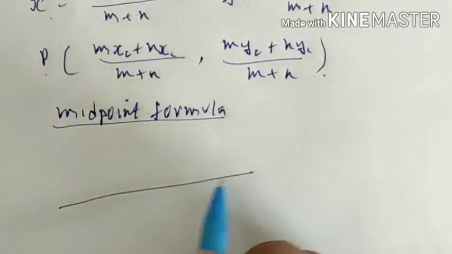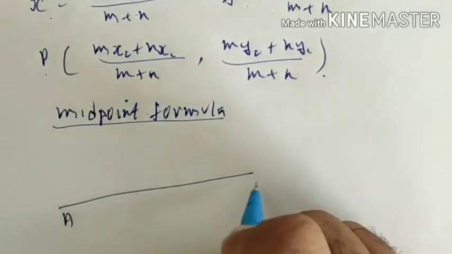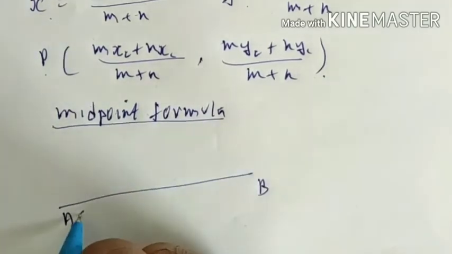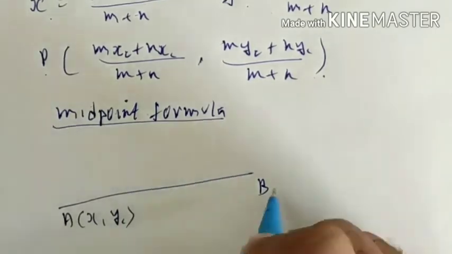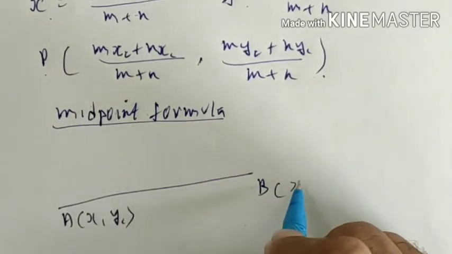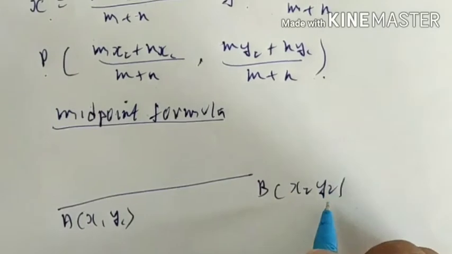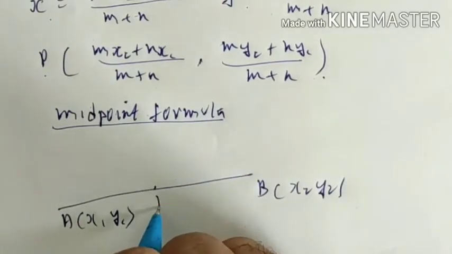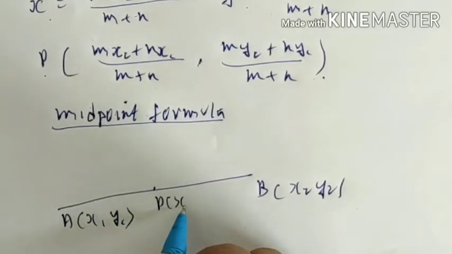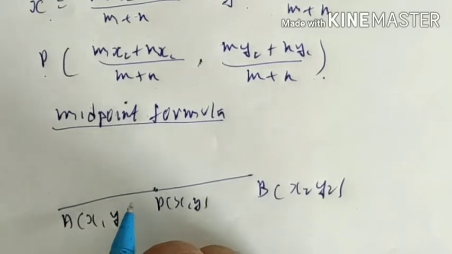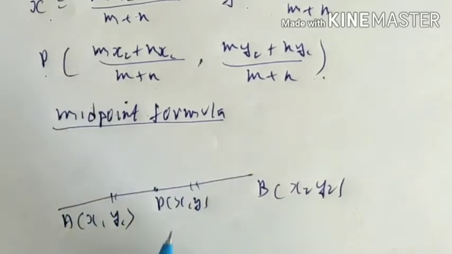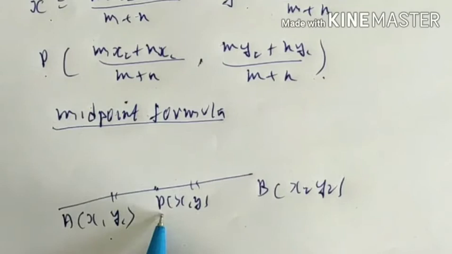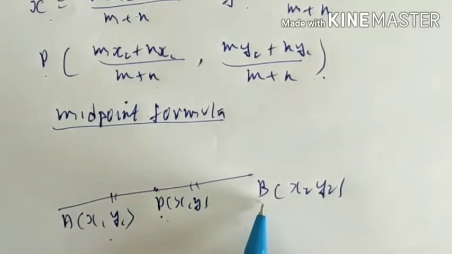Midpoint formula. So suppose we are having segment AB, coordinates of A given as x1 y1, and coordinates of point B x2 y2. We want to find the coordinates of point P which is midpoint of this AB. See, this point P is midpoint of segment AB.